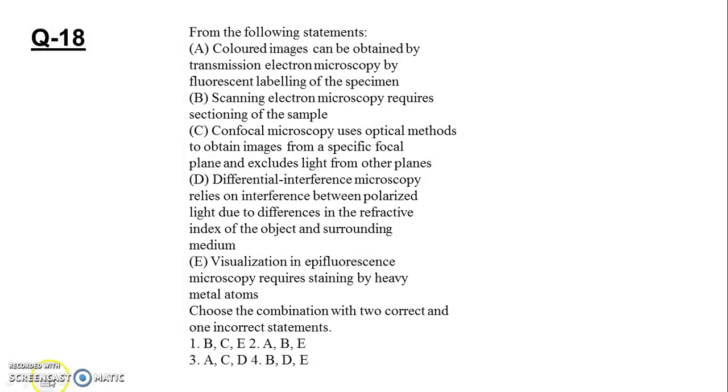Now the next question. Colored images can be obtained by transmission electron microscopy by fluorescently labeling the specimen. We choose the combination with 2 correct and 1 incorrect statement.